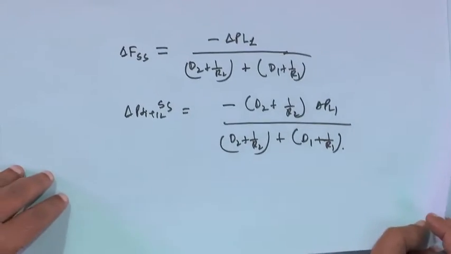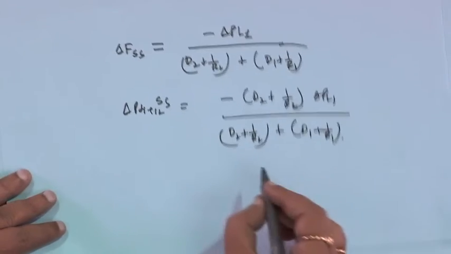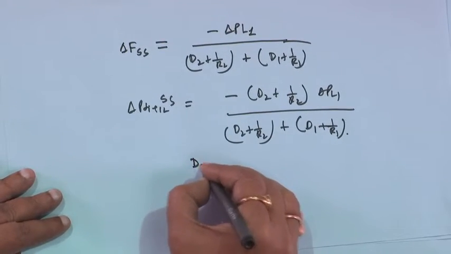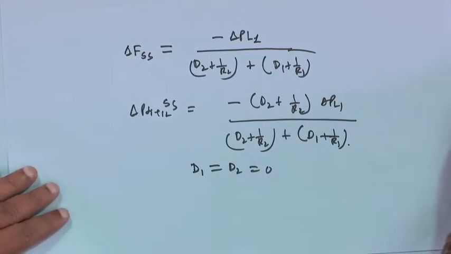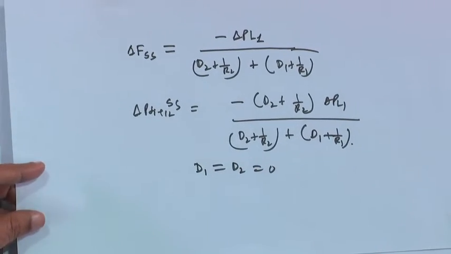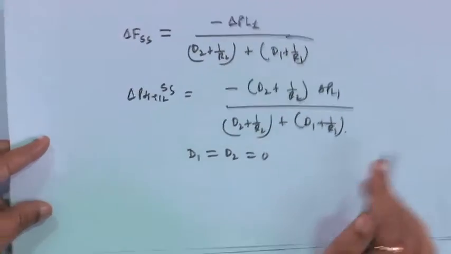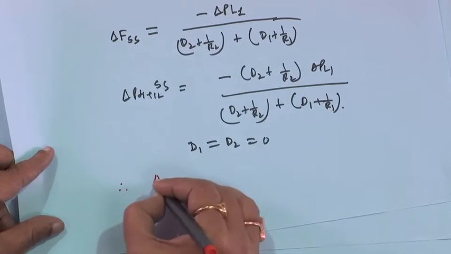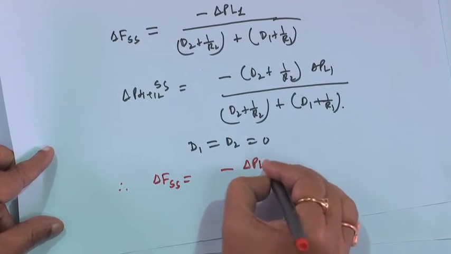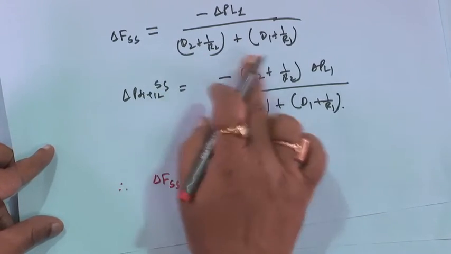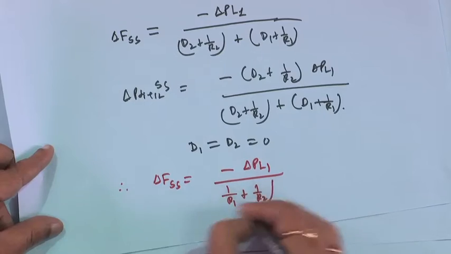Now, suppose you assume the load is insensitive to the changes in frequency, just for the sake of understanding, say D1 is equal to D2 is equal to 0. Then your delta F SS will be minus delta PL1, as D1 and D2 are 0, divided by 1 upon R1 plus 1 upon R2.